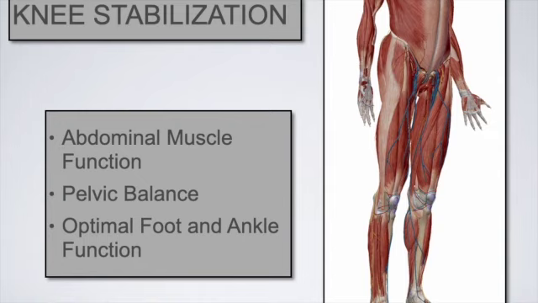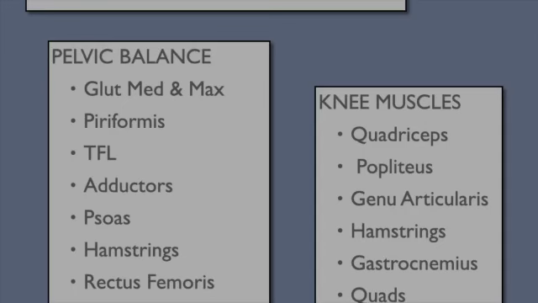And so a knee problem or a presentation of knee pain or a specific knee injury will lead us to evaluate biomechanics, i.e. muscle function, north of the knee and south of the knee. So in order for a knee to be functional, you've got to have a stable trunk, abdominal muscles, pelvic balance, pelvic muscles need to be in balance, and of course optimal foot and ankle function.